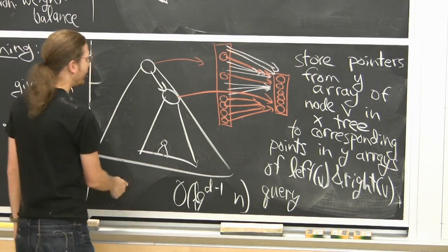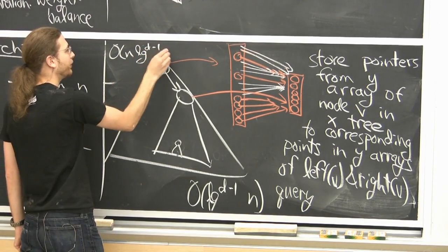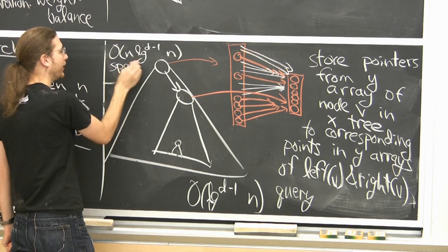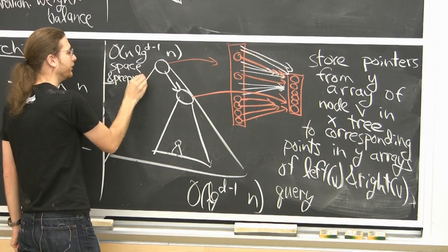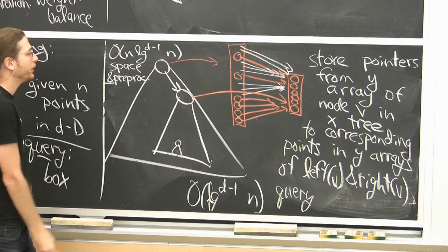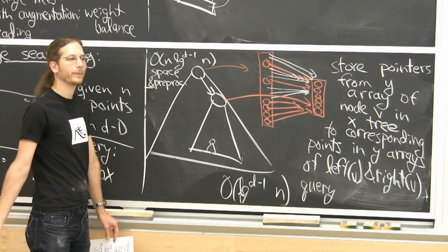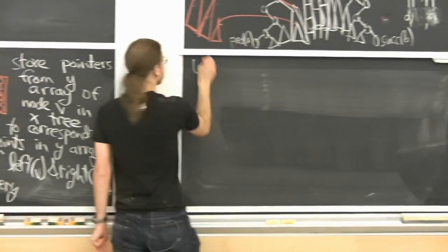The only thing we need out of this data structure is that it takes the same amount of space and preprocessing time: N log to the d minus 1 space and time to build this static data structure. If we have this, it turns out we can make it dynamic for free. This is the magic of weight balance trees.